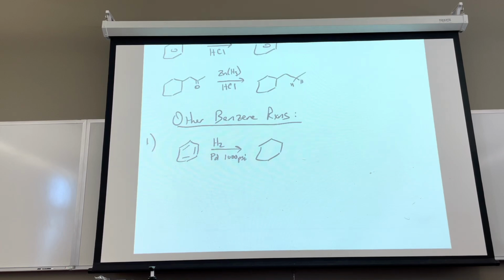there's that. You can get around this very high pressure situation if you start using more exotic transition metals. So for instance, instead of using palladium, you use something like rhodium or ruthenium, you can do this at effectively atmospheric pressure.